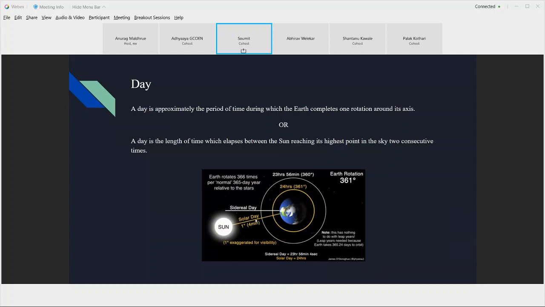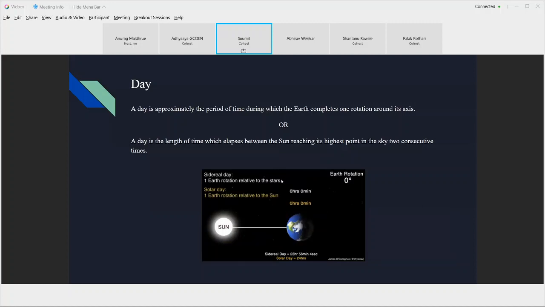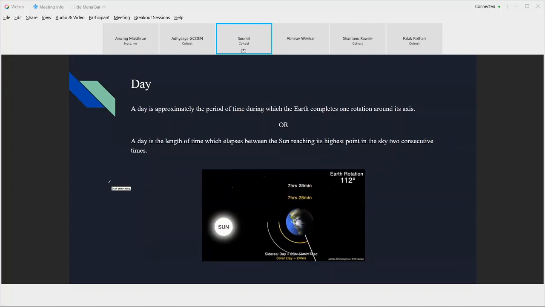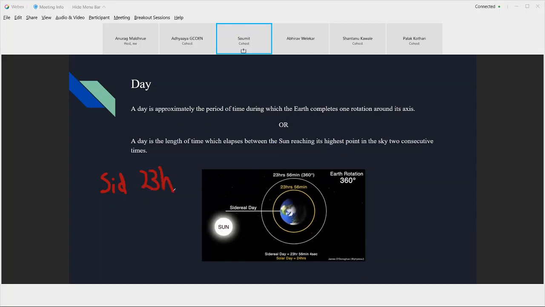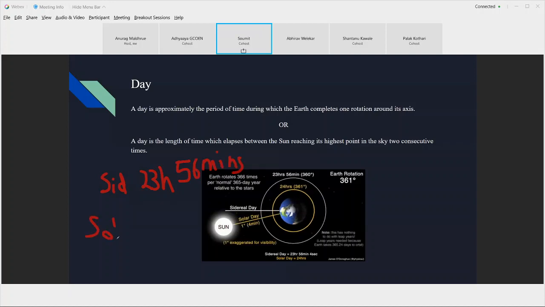The sidereal rotation, that is the 360-degree rotation, is 23 hours and 56 minutes long, while a solar day is slightly longer. The solar day actually varies. This shows 24 hours for the sake of simplification, but it actually varies.